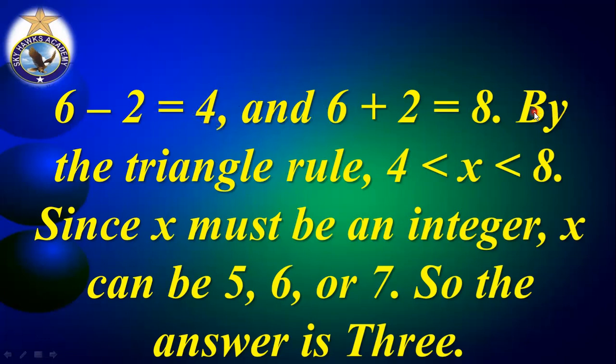But we will have to recall the rule of triangle, that the sum must be greater than the length of the third side and the difference must be less than the length of the third side. So that's why x lies between 4 and 8. So that's why we have 3 triangles. I'm sure that you got this idea, and whenever this is required, you can utilize it.